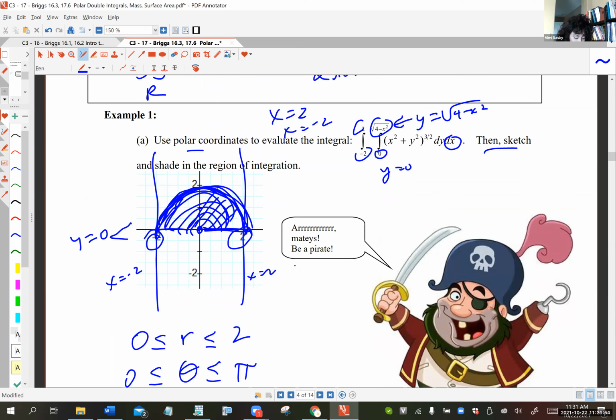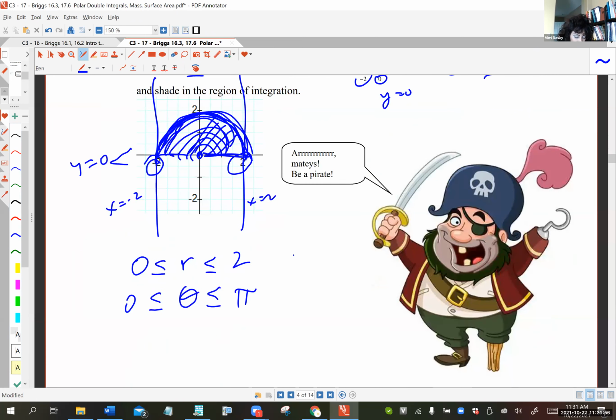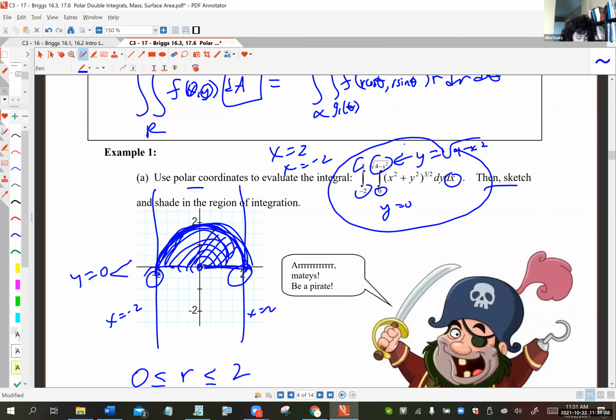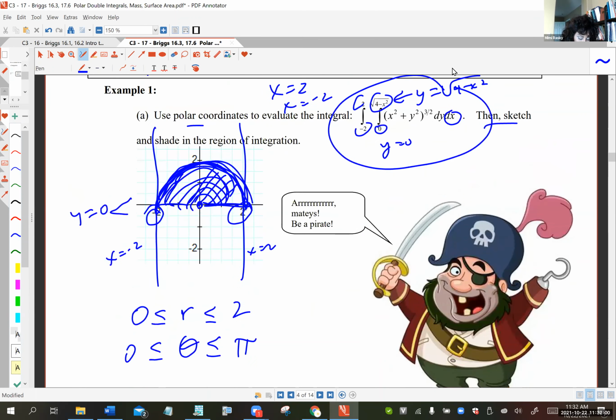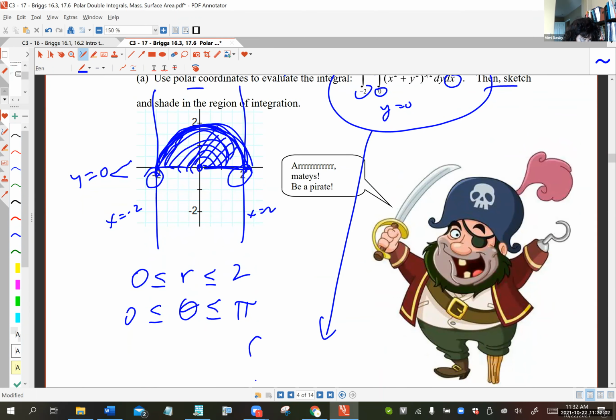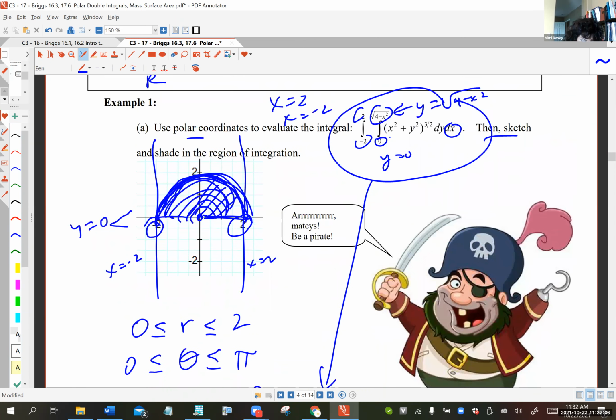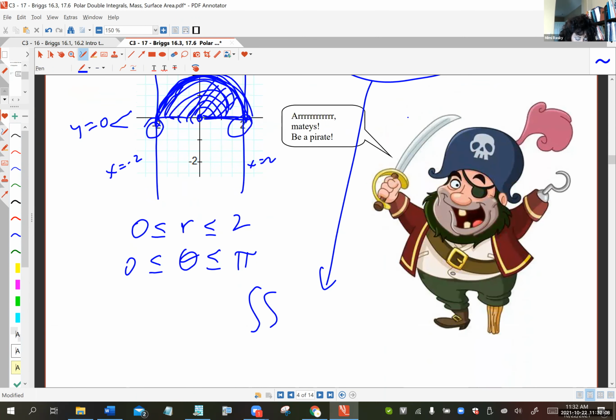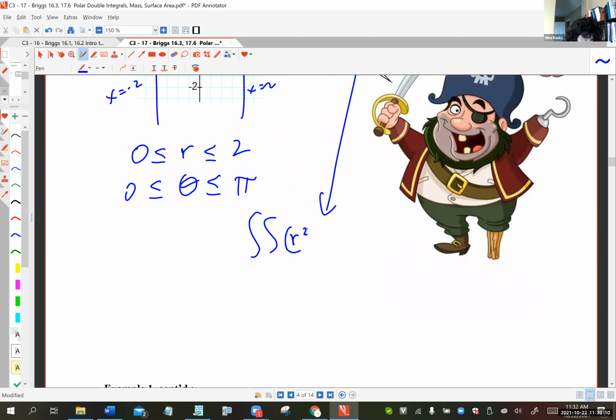Okay, then what? Well, so we've got the limits for r. So now when I convert this double integral using polar, the x squared plus y squared is the same as r squared, but that whole thing is being raised to the 3/2. So it's r squared to the 3/2.